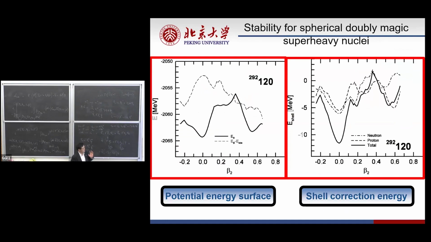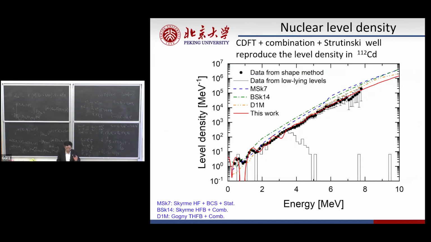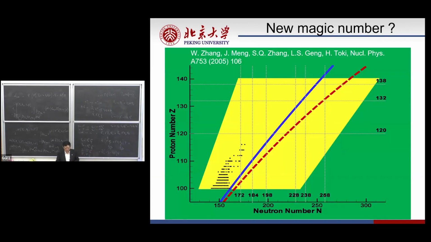There is quite a big discussion, for example, on what would be the next magic number for superheavy nuclei. This island of stability beyond the stability line is a huge attraction for the experimentalists.